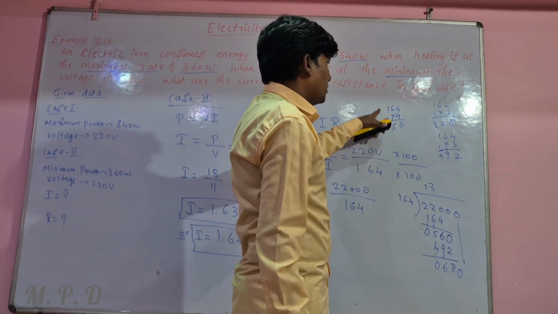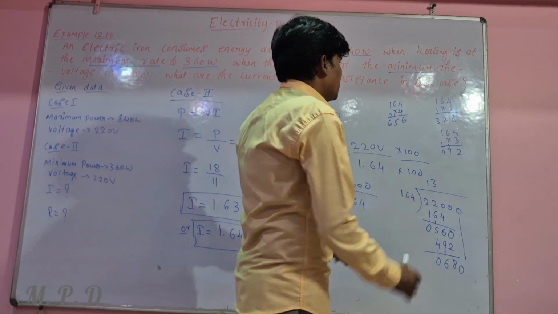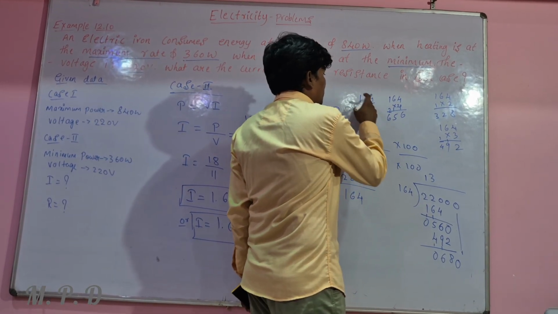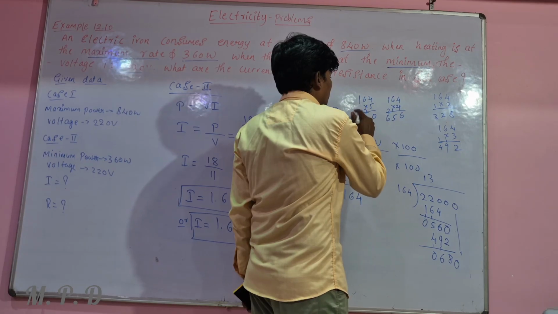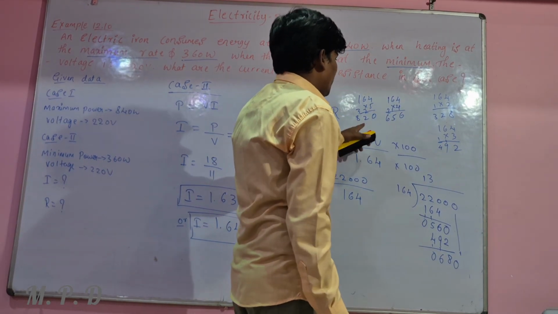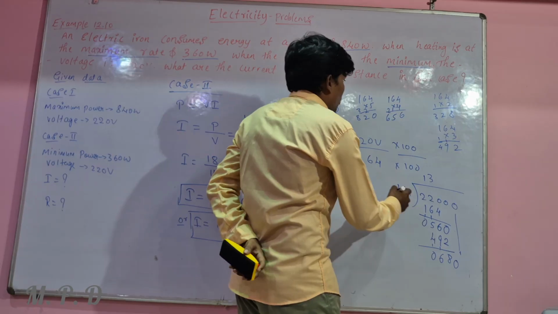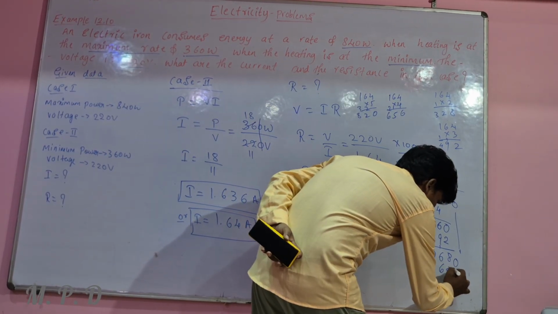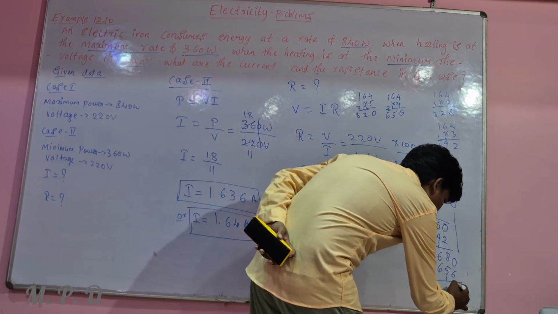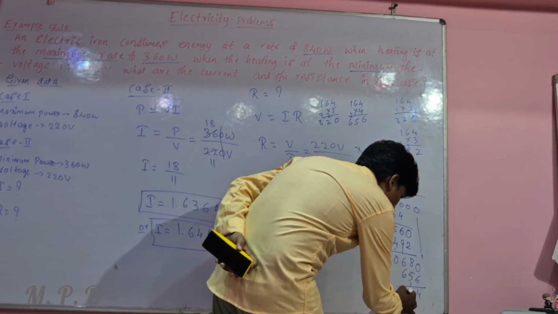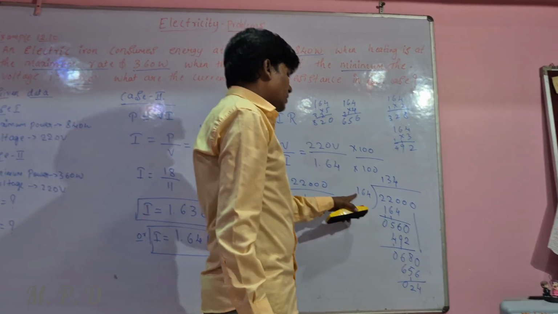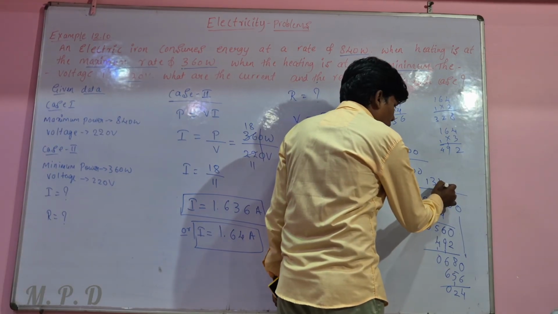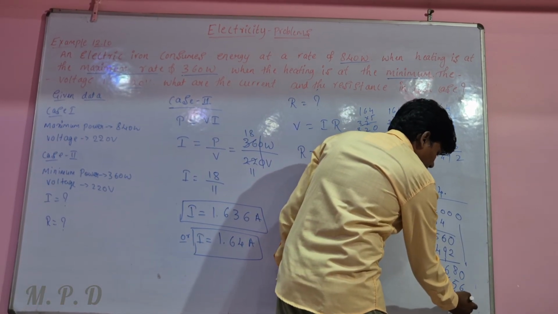Already we have written that 164 4s are 656, and we can also take 164 into 5, which is 820. The number will be here, so we can take 4 here. 164 4s are 656, 4, 2, and 0. Remaining 24 will be there. In the 164 table we don't have the 24, so we add one 0 here.